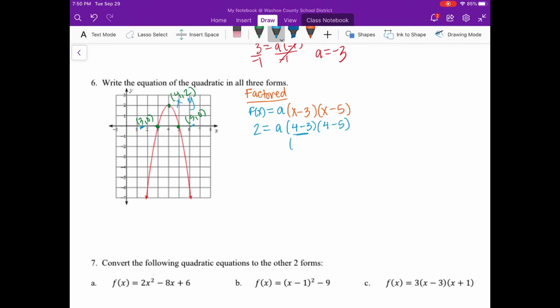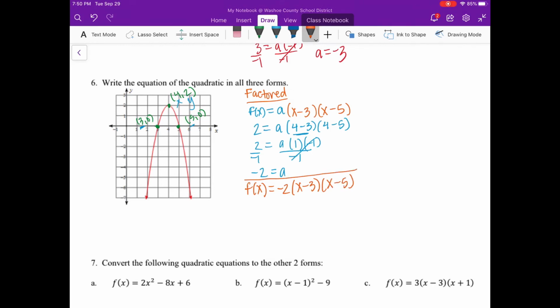So this is 4 minus 3, which is 1. 4 minus 5, which is -1. 1 times -1 is just going to be -1. So I'm going to divide by -1 to both sides. And so I end up with a equals -2. So my factored form here is going to be f of x equals -2, and then x minus 3 and x minus 5.